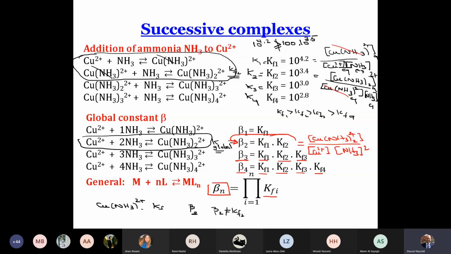So in the exercise, we work on Kf or on beta, it depends on the data given. So we have to look first at the data given.